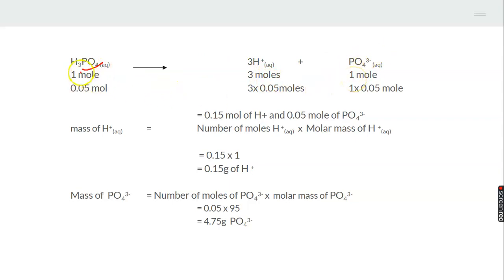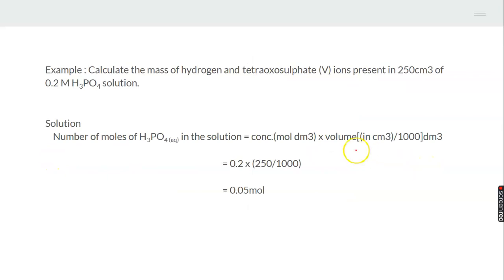So when you are being given, okay, sorry about that. This is the question. You are being told to calculate the mass of hydrogen and phosphate ion present in 250 cm cube of 0.2 molar hydrogen phosphate solution.